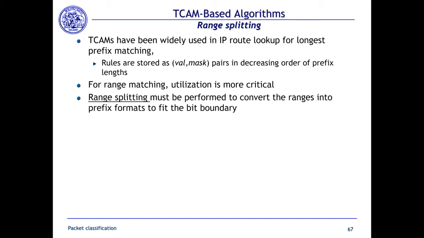If we want to map ranges directly into the TCAM, we have to perform range splitting to convert ranges into sets of prefixes before sending them to the TCAM. And this increases the number of entries by a factor which is estimated to be W to the power D, where D is the number of dimensions.